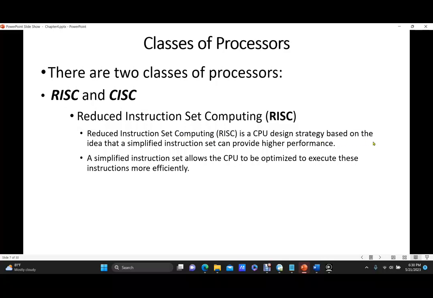The design strategy is based on the idea that a simplified instruction set can provide higher performance, faster execution. The simplified instruction set is a simpler architecture that allows the CPU to be optimized to execute these relatively few instructions much more efficiently.